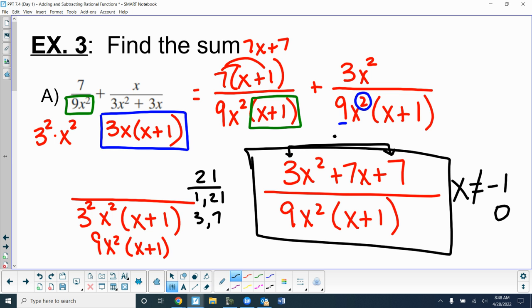So let me go through the steps again. Factor both denominators. Whatever factor shows up, you write it down. So a 3 showed up, an x showed up. I don't have to write it again when it shows up again. And then x plus 1 showed up. We look at exponents. Well, we had a 3 squared and an x squared, so we have to use the higher exponent. That's how we got the 9x squared. 3 squared was the 9.